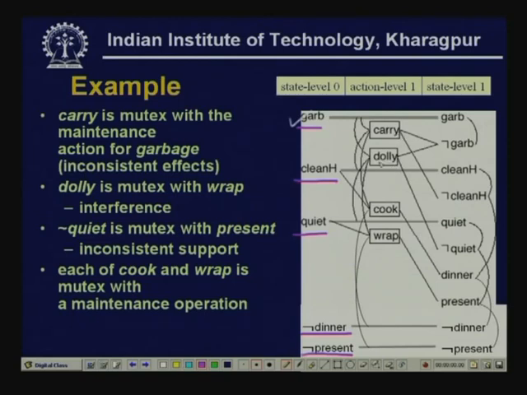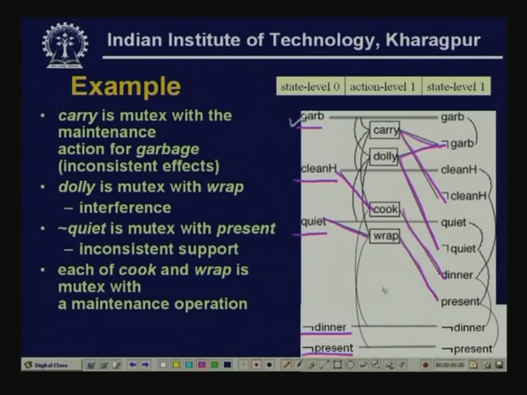Carry and dolly have no preconditions. One can do cook, the precondition is clean hands. One can do wrap, the precondition is quiet. And the effect of cook is dinner, effect of wrap is present, effect of carry is no garbage and no clean hands, effect of dolly is no garbage and not quiet. Now, let us see what sort of mutex hold between the actions.